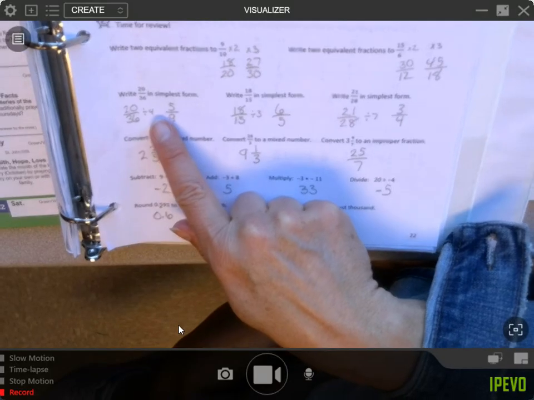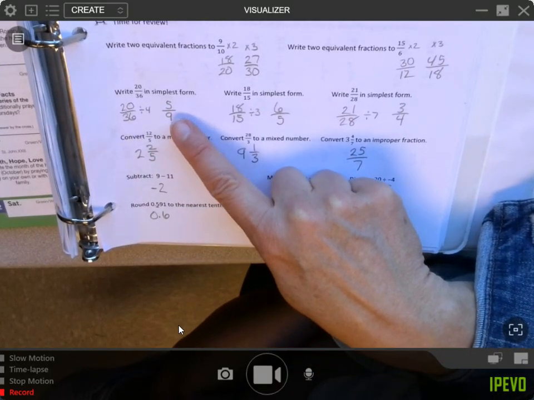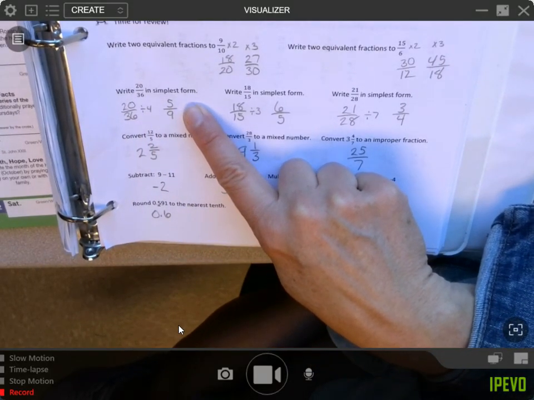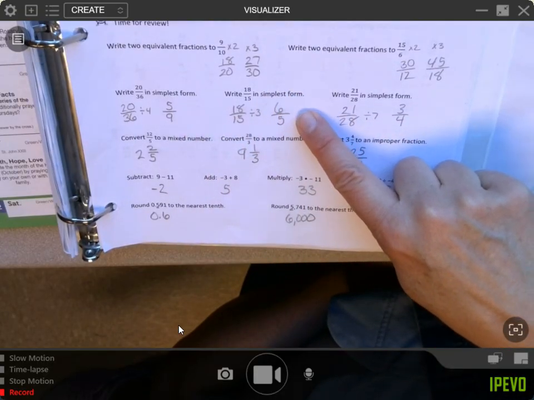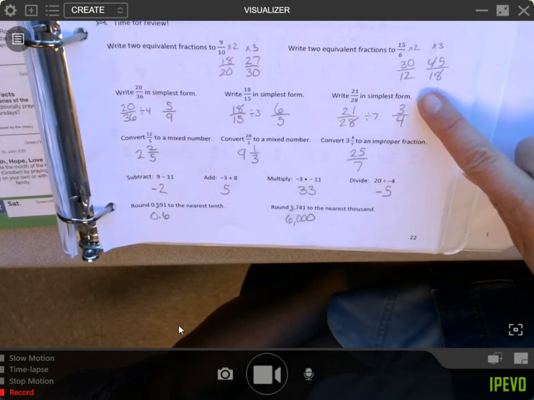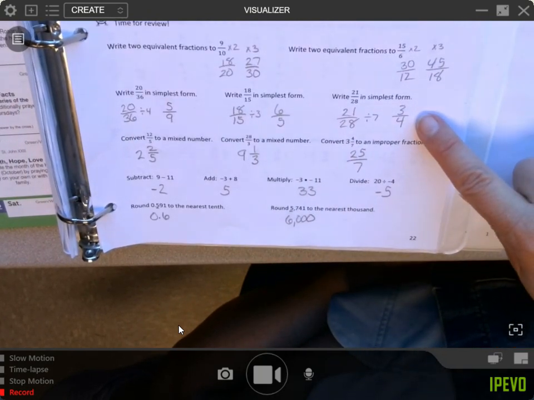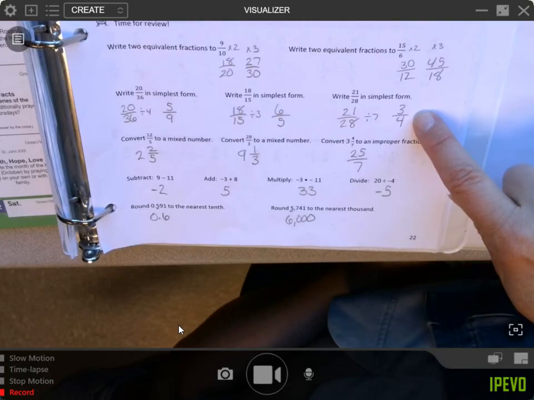Now, simplest form, 20/36 should be simplified down to 5/9. 18/15 is simplified down to 6/5. 21 over 28 is simplified down to 3/4. Any questions on simplifying?